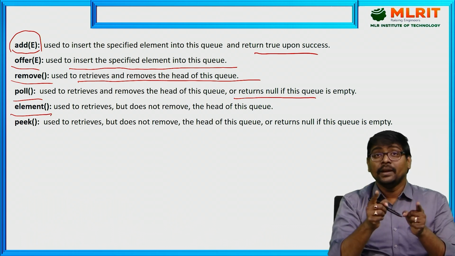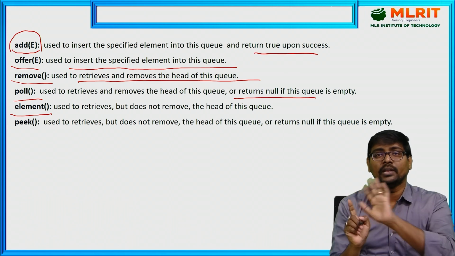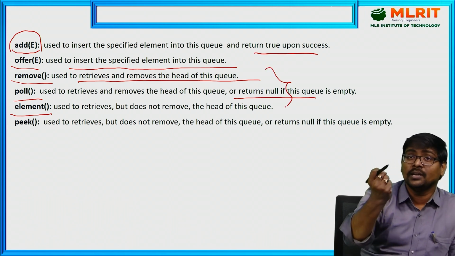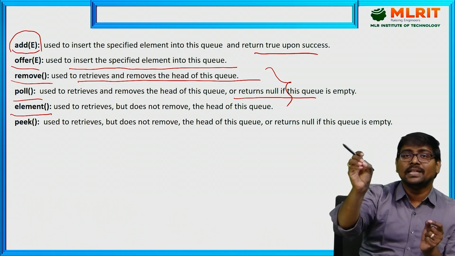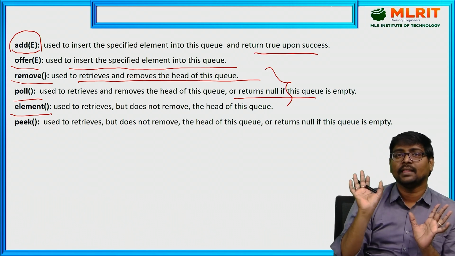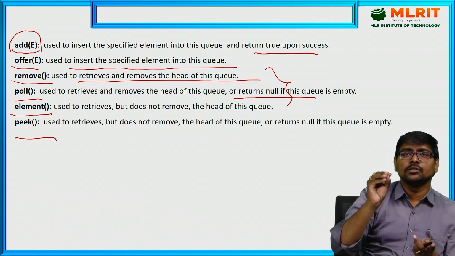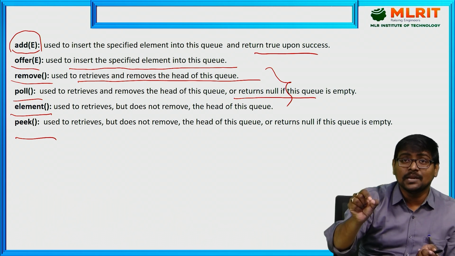Now, element. The element method just returns the element at the head of the queue without deletion. Remember, the remove and poll operations remove the element, but the element method just displays the element at the head of the queue. Then what is peek? Peek also works in the same fashion, but if the queue is empty, it returns null.